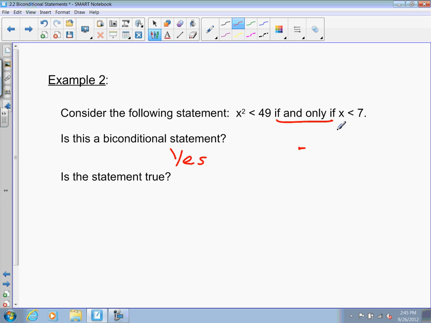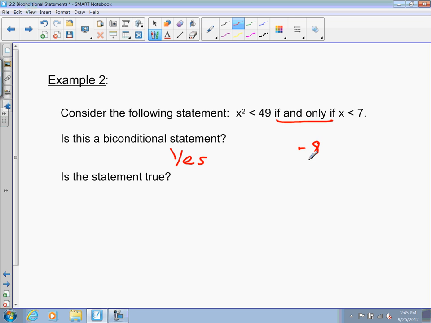And in this case, I'm going to pick a number where the absolute value of the number is greater than 7. Like -8. What if I pick -8? Okay, -8 is less than 7. So if I broke this into an if-then statement, if x is less than 7, -8 is less than 7, then is x squared less than 49?